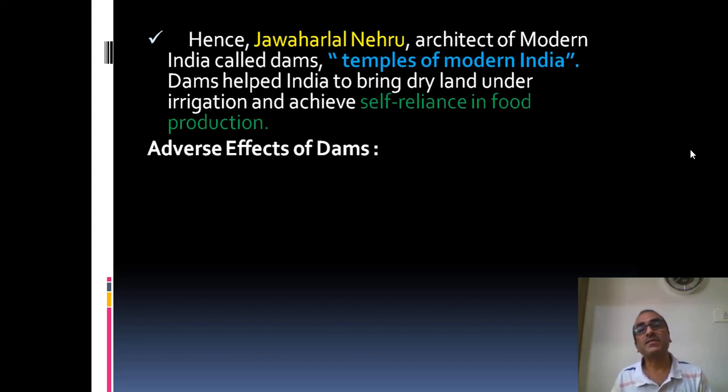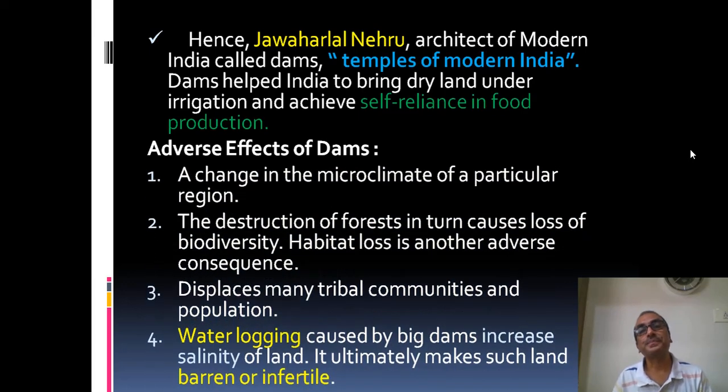Now, adverse effects of dams. There are some adverse effects, of course. Let's see what these are. It causes microclimatic changes in the area wherever a vast amount of water is contained in the reservoir or dam. The climatic changes that take place in that area are called microclimate. Then there is destruction of forest.